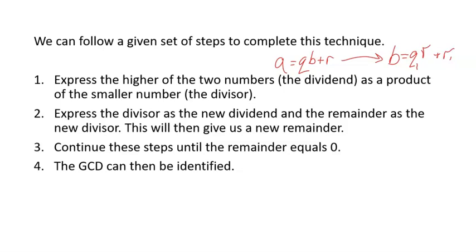I then continue to repeat this set of steps until I get a remainder that equals 0. Once I have a remainder that equals 0, we can identify the greatest common divisor of the pair of numbers we originally started with. So we're continuing to divide down until we have something that has no remainder. The easiest way to demonstrate this is with a couple of examples, which I'm going to show you now.